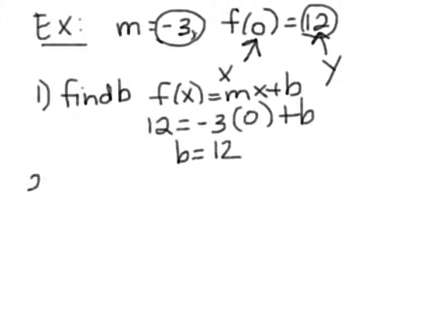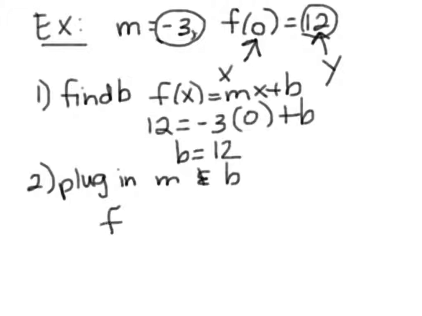And then the second thing we're going to do is plug in m and b. So then our function is f of x is equal to negative 3x plus 12. And you're going to do the same exact thing for example number 2 and example number 3.